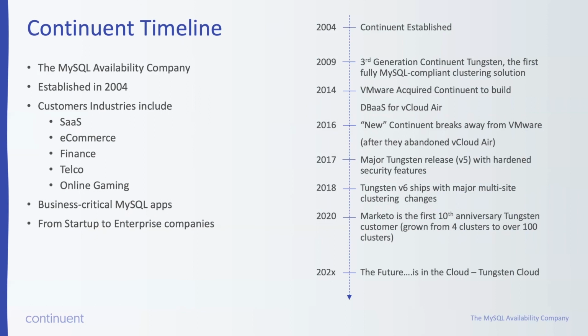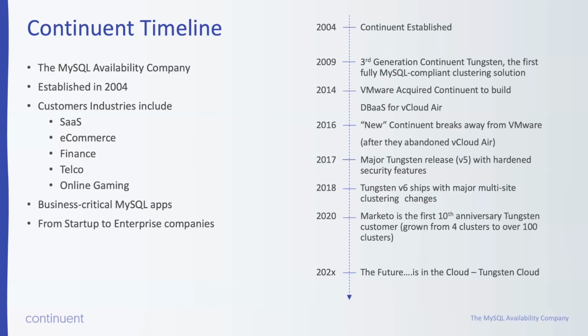It was kind of interesting being selected to work with VMware. That's a pretty big company, a pretty big player in the space, and we were quite glad to work with them. But now we're back on our own, and we decided to release some hardened security features in 2017, which is critical, especially in the cloud space.